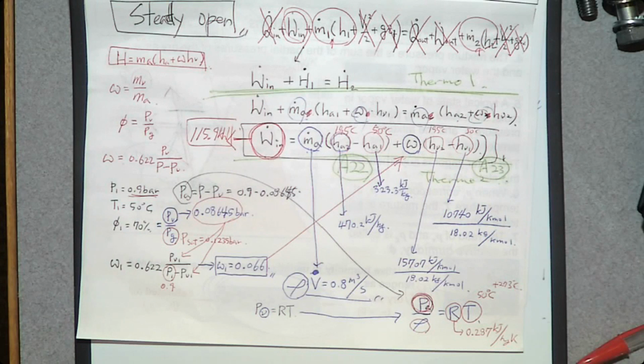We use the energy balance equation and we convert it to this form because we have a mixture. Then we identify each term one by one, not from an equation, from tables A22, A23. And the unknown was calculated by the relative humidity and the ideal gas equation.